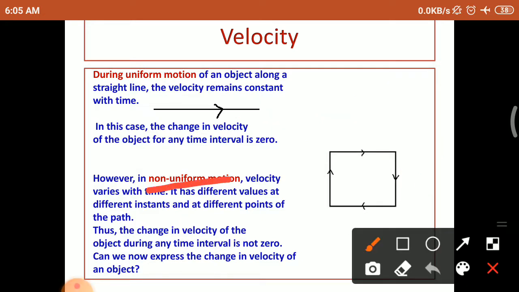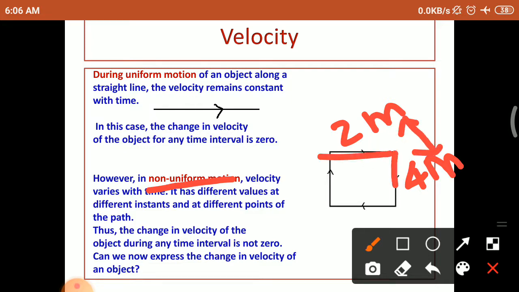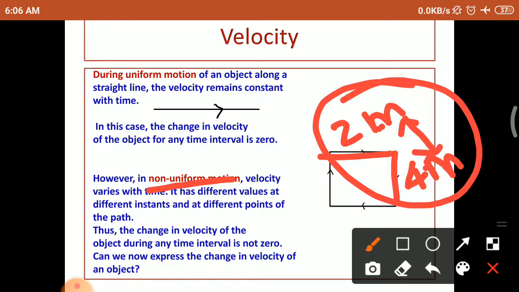But in non-uniform velocity, velocity varies with the time. It has different values at a different instant and a different point of path. Maybe this is 2 meters and this is 4 meters. When we calculate the velocity in this direction and this direction, definitely the velocities will be varying. So this type of velocity is called non-uniform velocity.